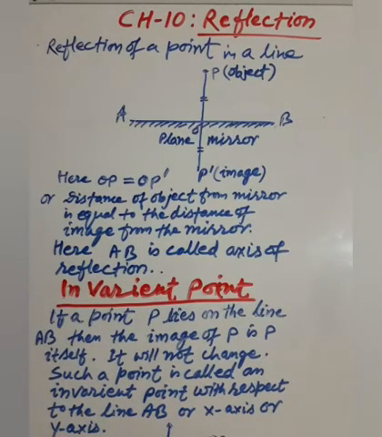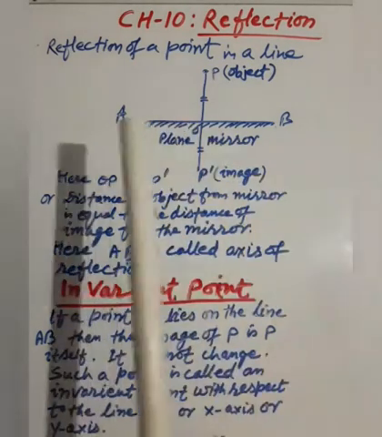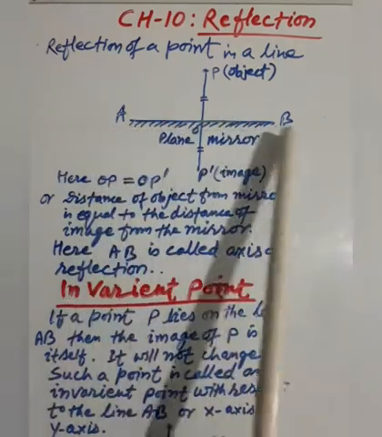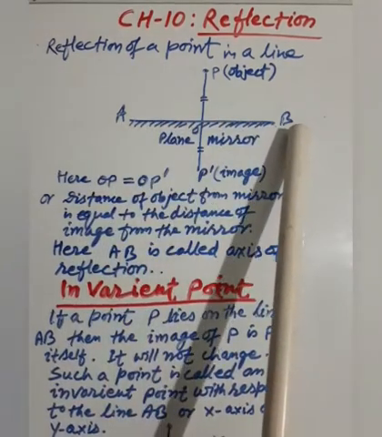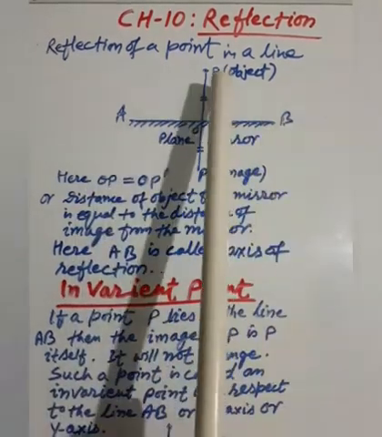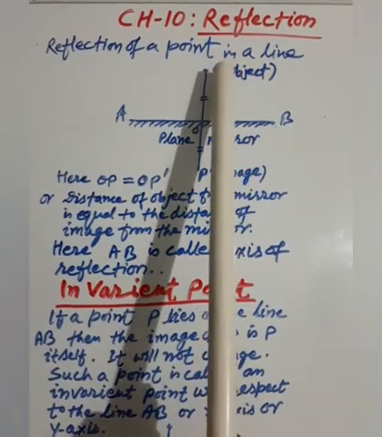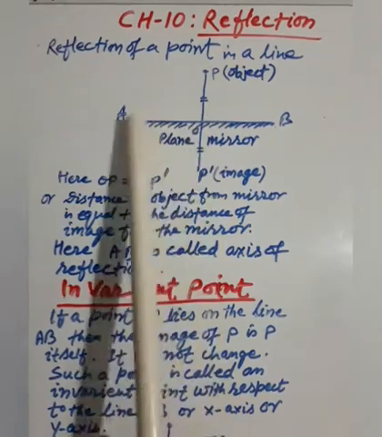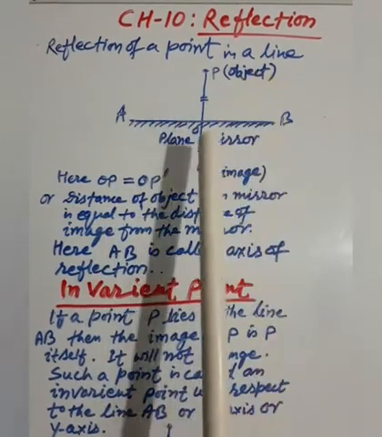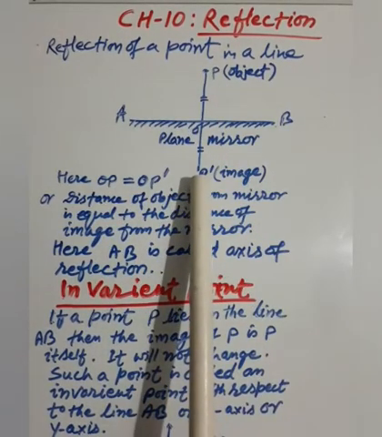Now let us study the reflection of a point in a line. You see this is the line AB, taken as the x-axis, and the point P is there on top. This is the object, and the image of the object will be formed in the mirror at P'.